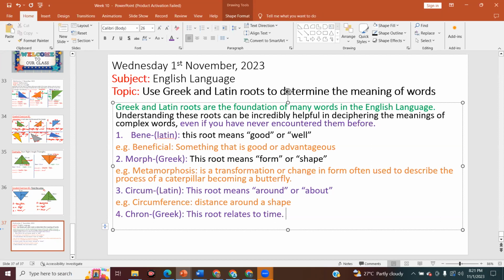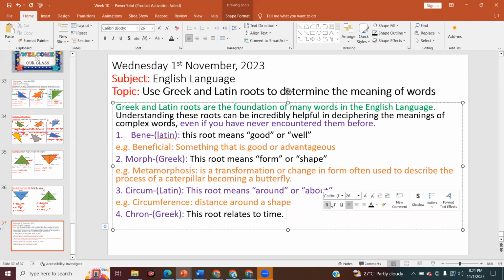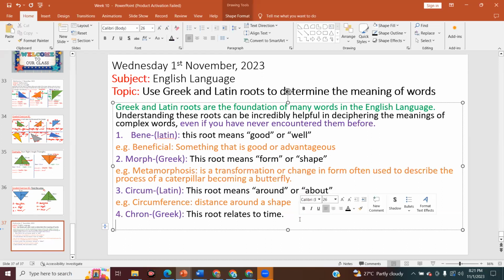And what word comes to your mind when you think of chron? Chronological, chronology, chronicle, yeah. Okay, chronology, right? It relates to time.